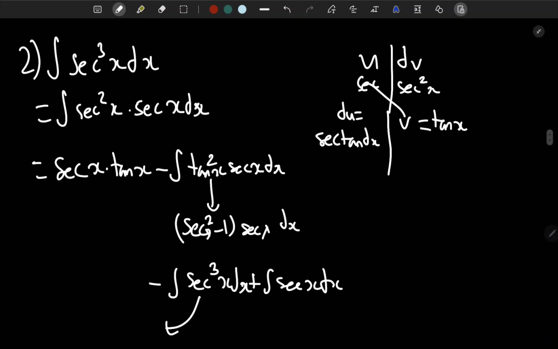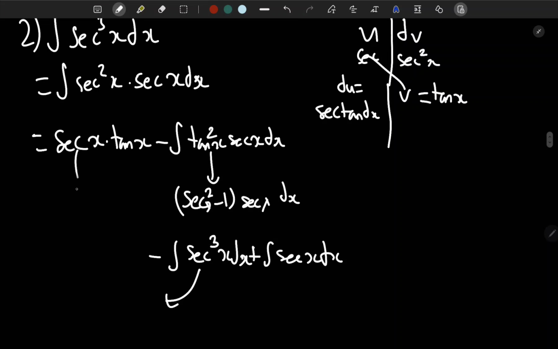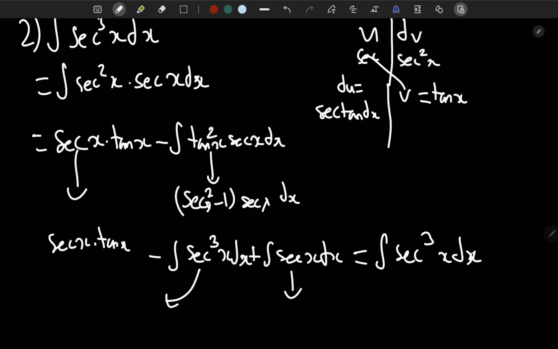But this time we can bring it to the other side and make it 2 times the integration of the equation, and then divide both sides. So here we have the same thing, secant x times tan x minus the integration of secant cube x, and then we have this part. We know the integration is equal to the equation, so secant cube x dx. We can bring this to the other side now, so here I can just cancel this out.